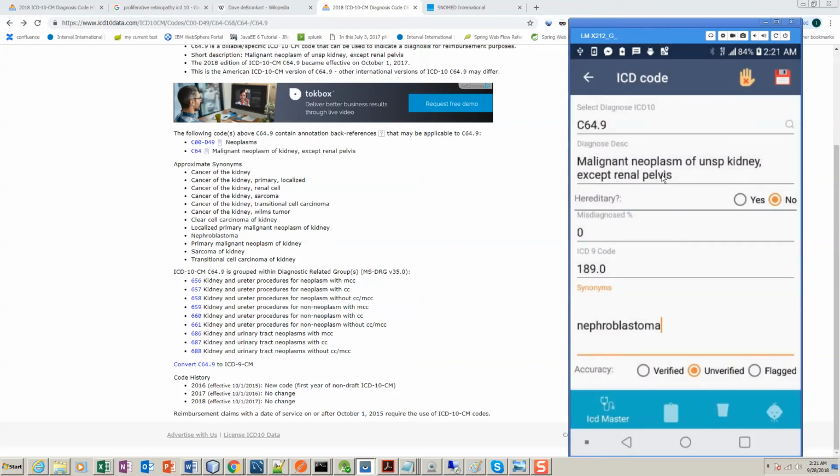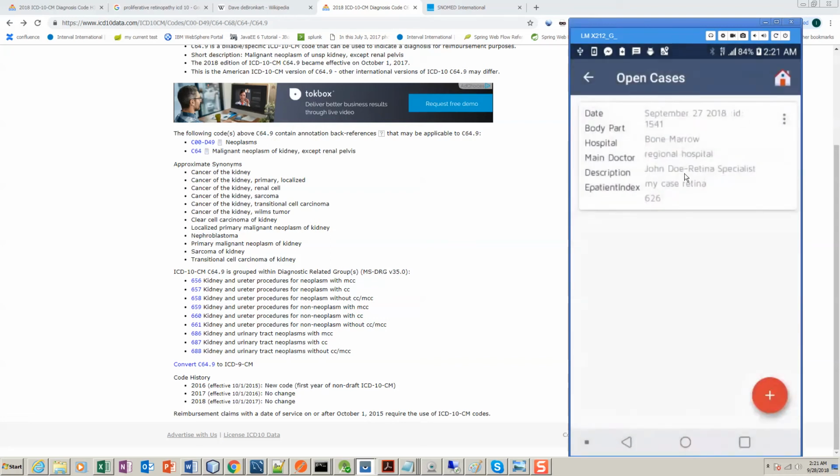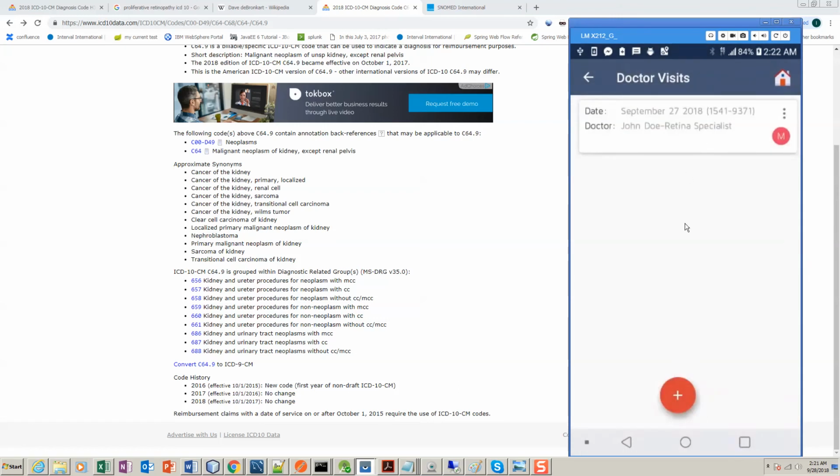All right. So what happens when another patient is going to use that disease as a diagnosis, thanks to another patient, thanks to the patient community?